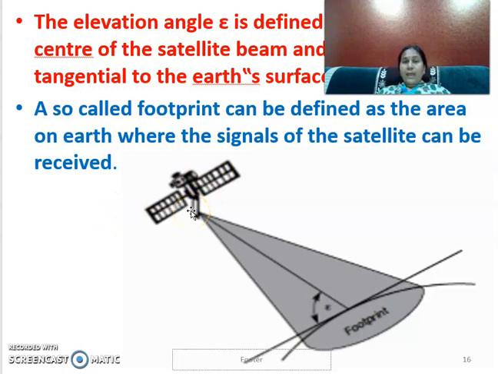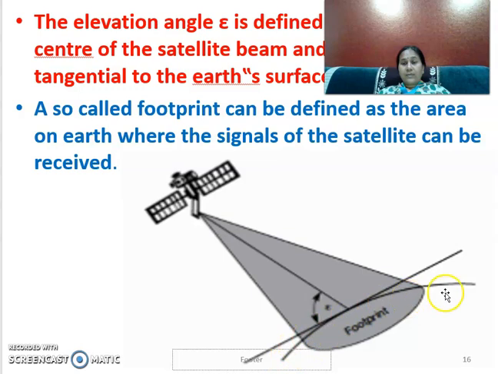So coming to the angle of elevation. This angle of elevation is defined as the angle between the center of the satellite beam and the tangential point of the earth. If you observe this figure, this is the earth.